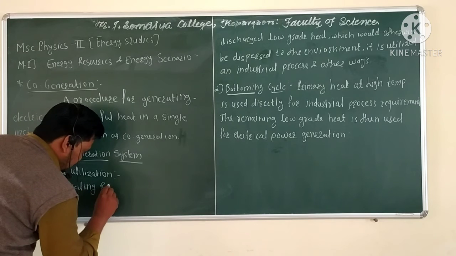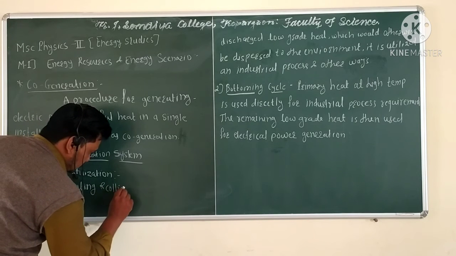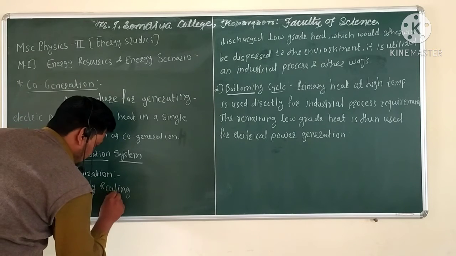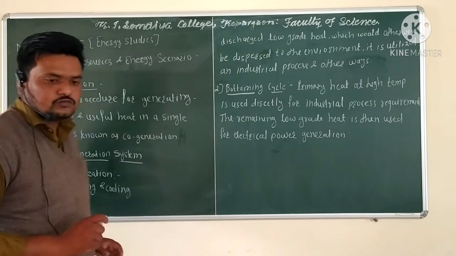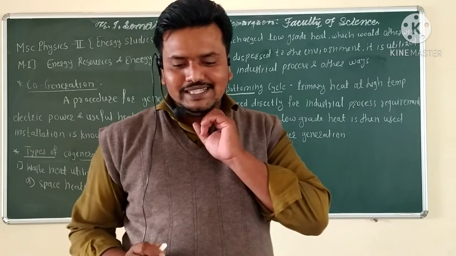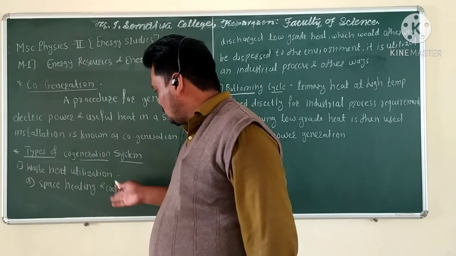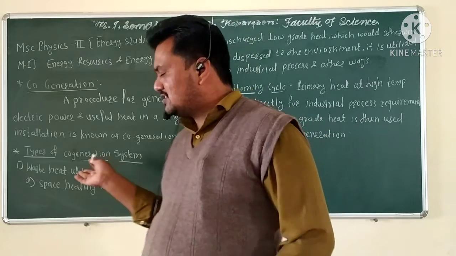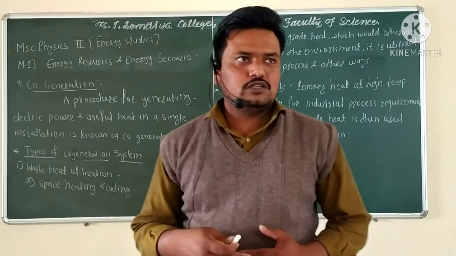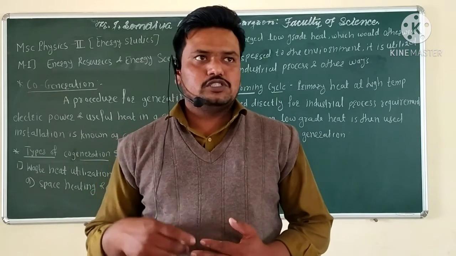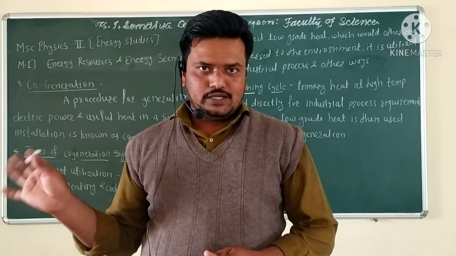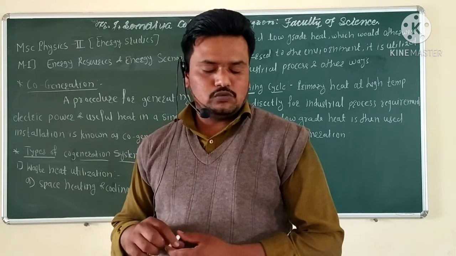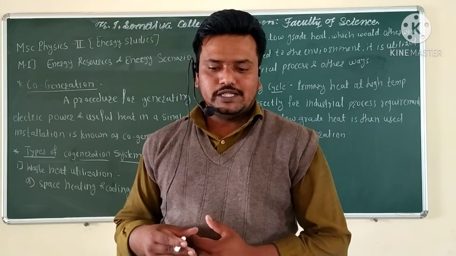Space heating and cooling. As I already said, in the waste heat utilization system, the primary use is generation of electricity, and the rest is used for other purposes as required. The first part is space heating and cooling, the utilization of heat energy.